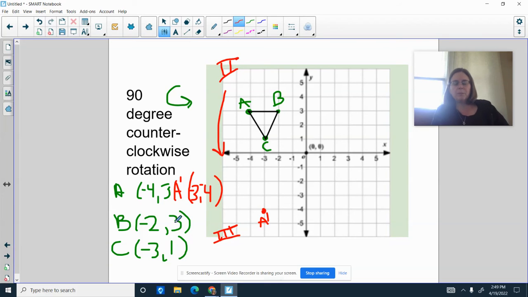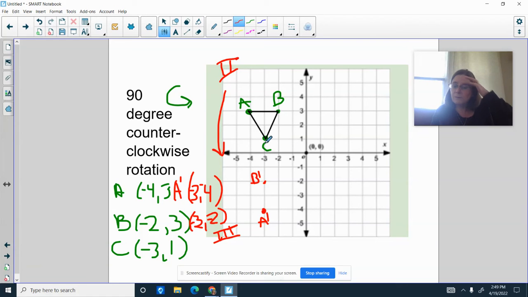I'm going to do that with B and C. All right, so if B is (-2, 3), flip-flop my numbers, 3, 2, and then put my correct signs in. So it's really (-3, -2). Go over to -3 from the origin, down to -2. That is B prime.